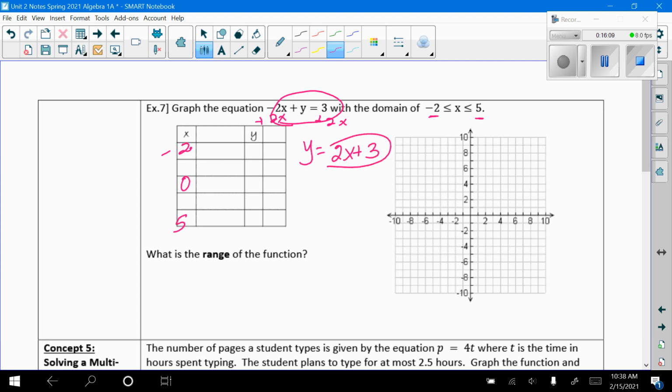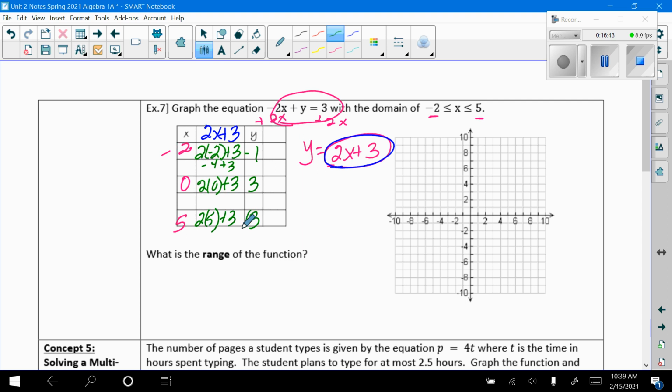I'm going to plug that in here: 2x plus 3. And now I can plug it in. So 2 times negative 2 plus 3 gives me negative 4, and negative 4 plus 3 is negative 1. At 0, 2 times 0 is 0, plus 3 is 3. And 2 times 5 is 10, plus 3 is 13.